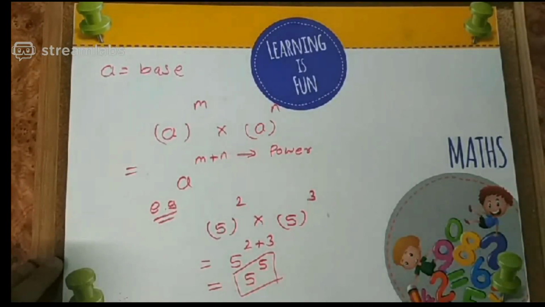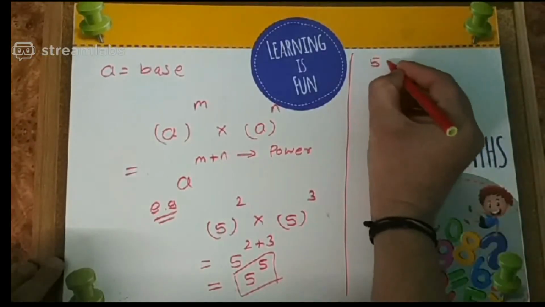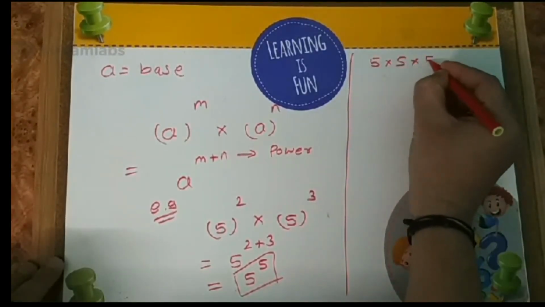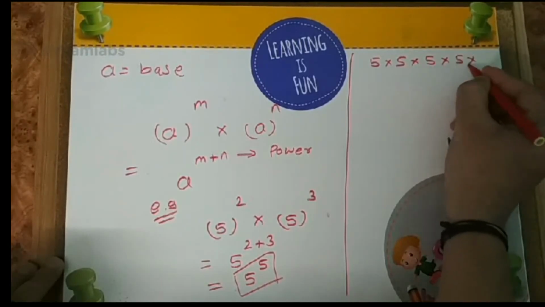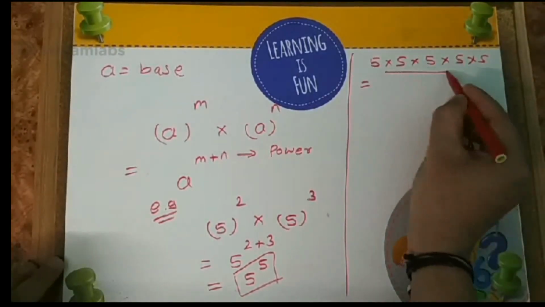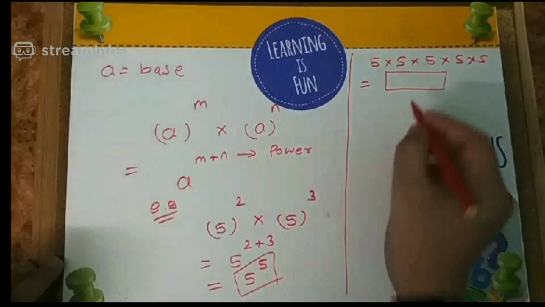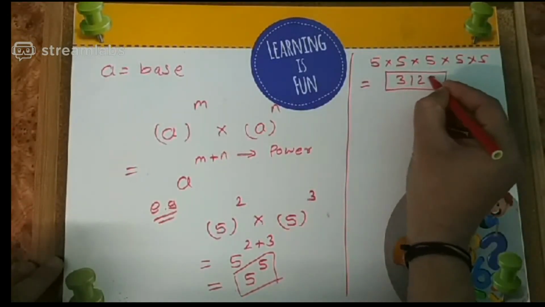Further you can simplify 5 power 5: I can say that 5 is multiplied 5 times, and you can reach the answer, which is 3125.